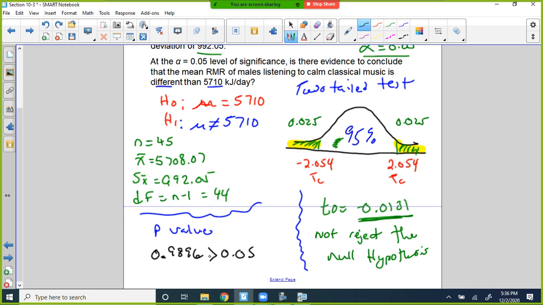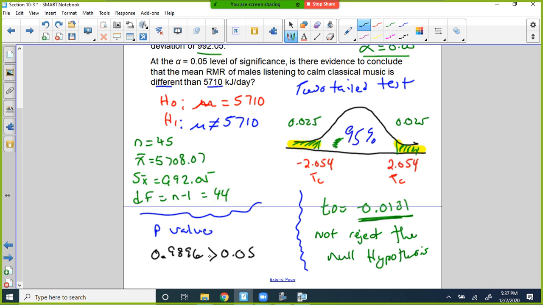Looking back at this compared to Monday night, I didn't do a really good job nailing that down when I taught the Z, okay? So there's two tools that you can use, a p-value or a T sub 0 value, right?